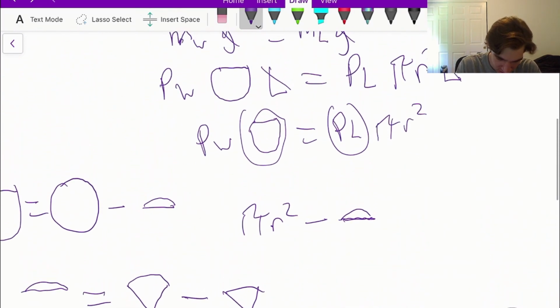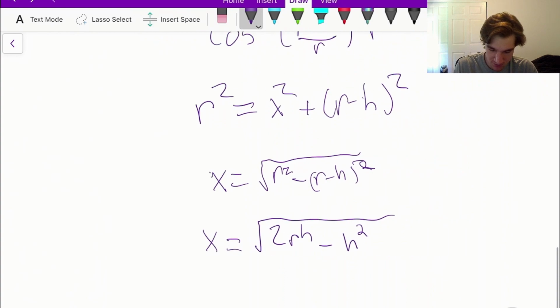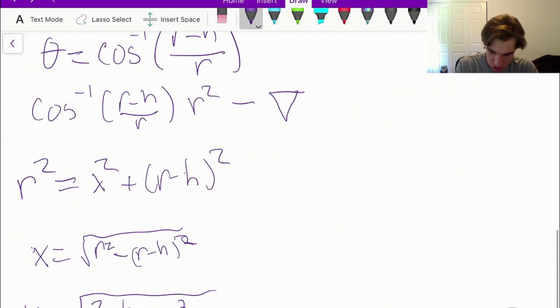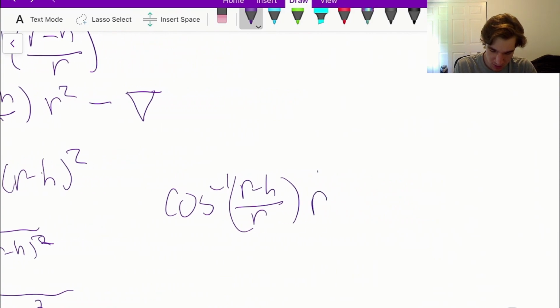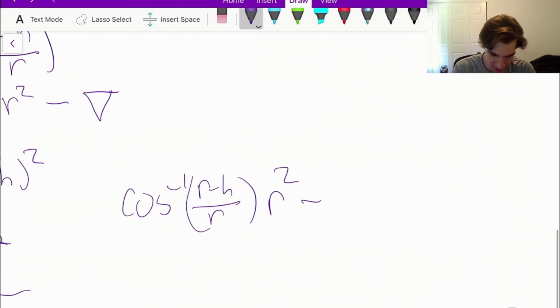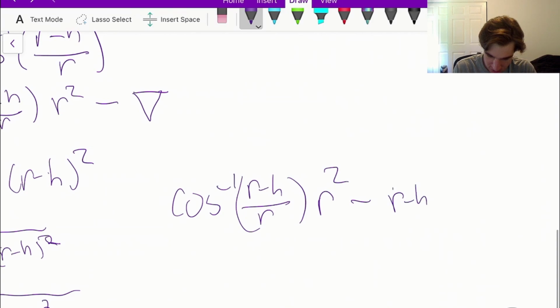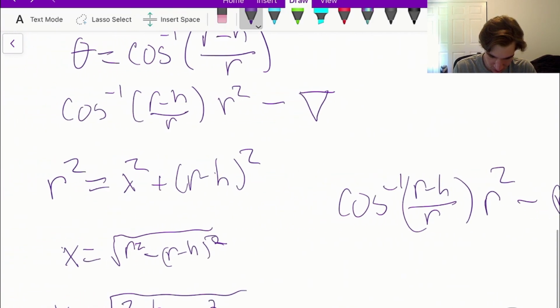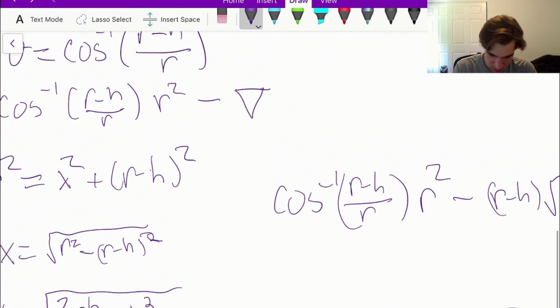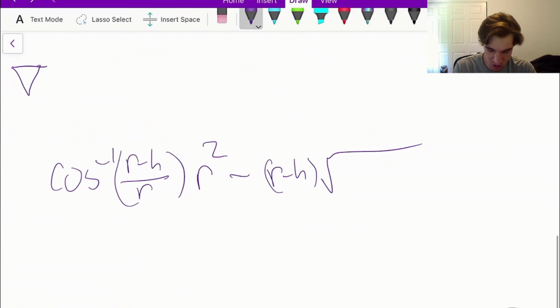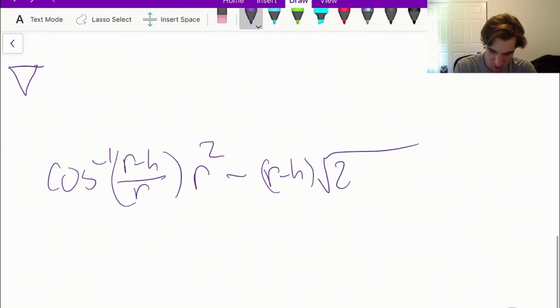Just this portion right here is going to be equal to cosine inverse of r minus h over the radius times r squared minus that area of the triangle, which we found out to be r minus h times the square root of 2hr minus h squared.